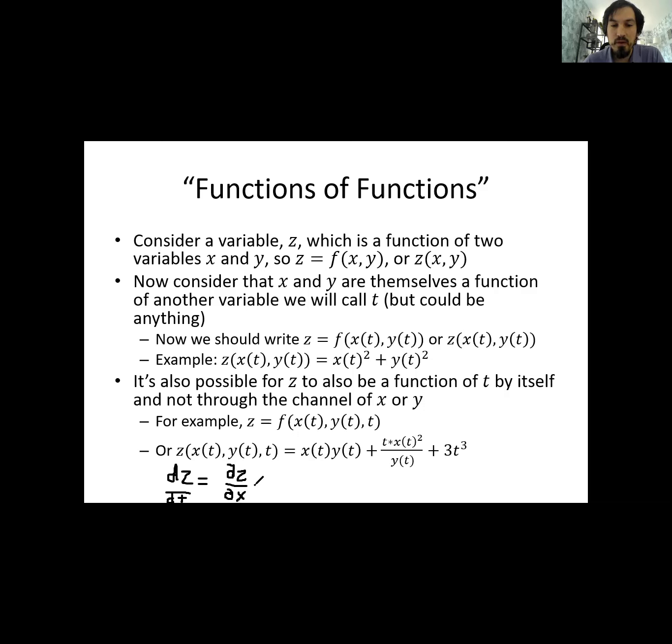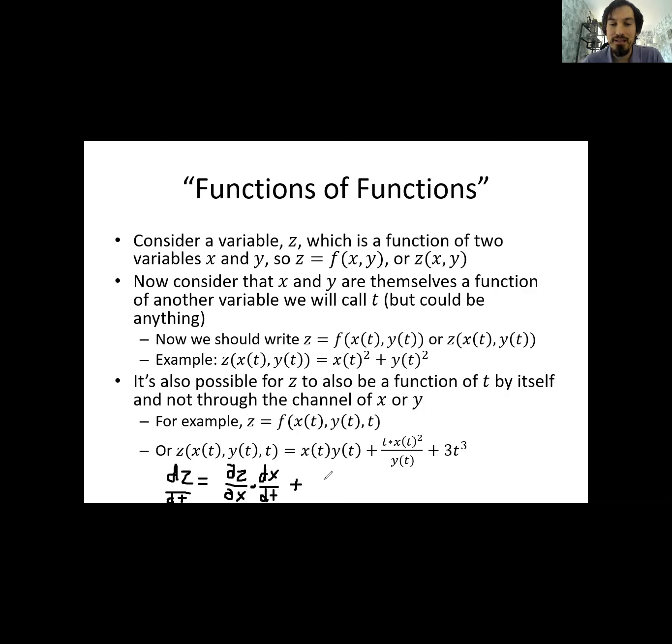This is saying, how does z change with respect to x? We multiply that by dx dt because of the chain rule. If I change t, that's going to change x, and x is going to change z. So this is the effect of t on z through the x channel.